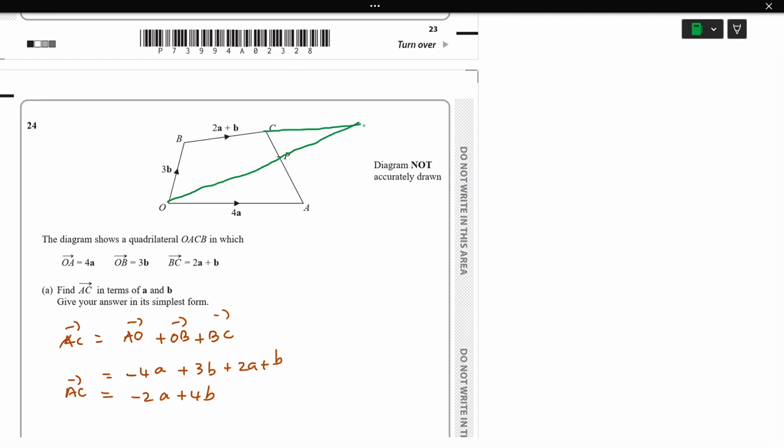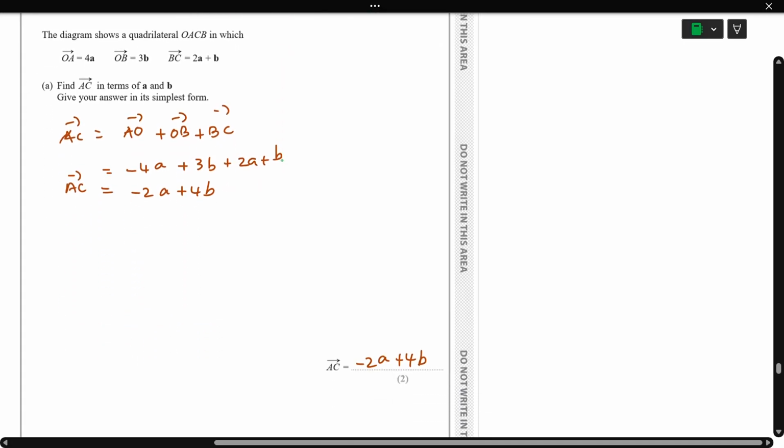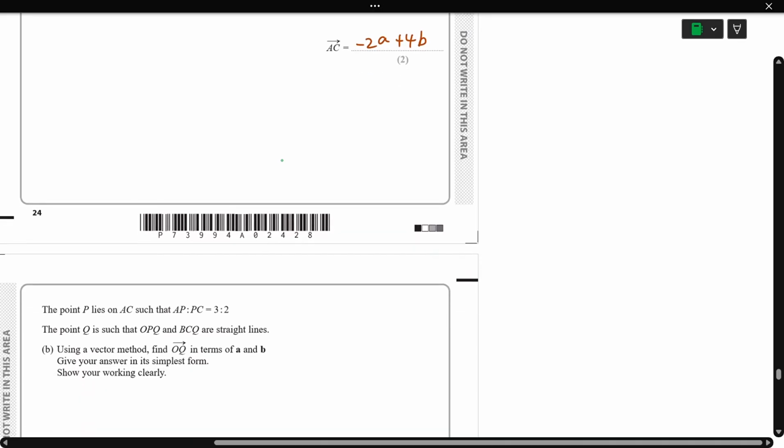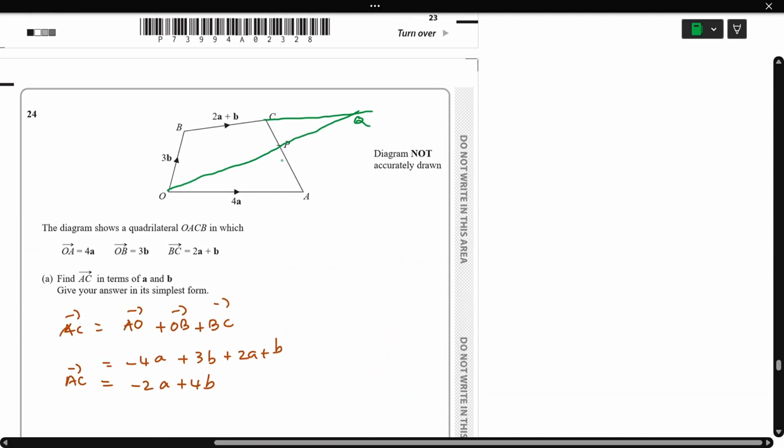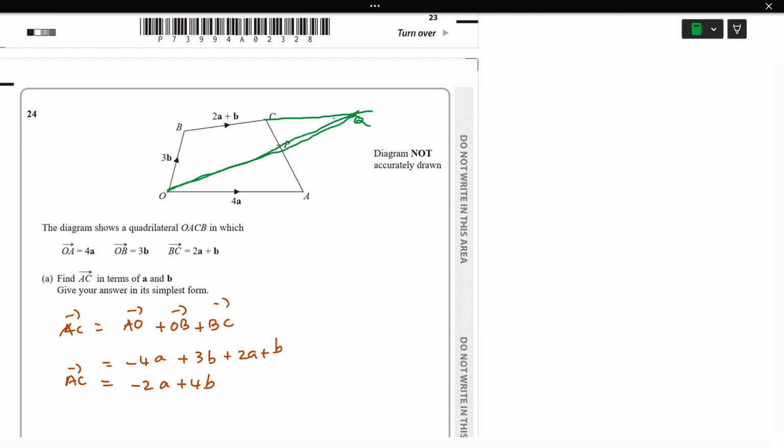When you extend this also, they meet at one point. This is Q. Then what other detail is given? Using a vector method, find OQ. We need to find this entire length with the vector method.